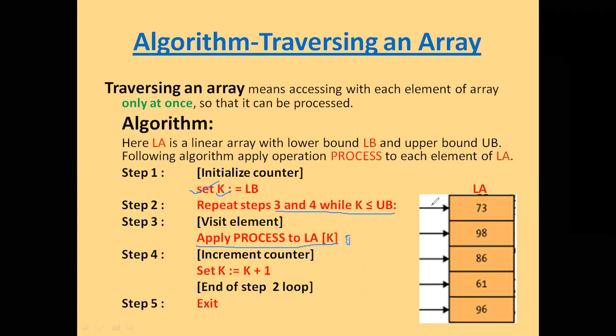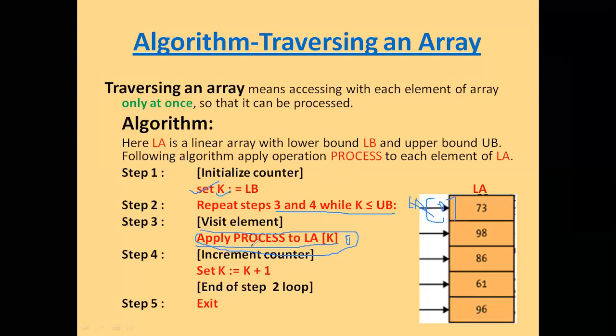So what will this become? This will be the first element. Linear array of 0, okay, this will be the first element since k is equal to 0. So what do you have to apply over here? Process. So if I have given you one task, let's say add 5 in this, how will this convert into that? How will you write it?